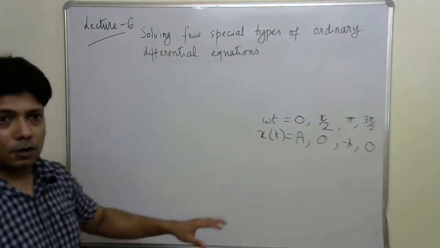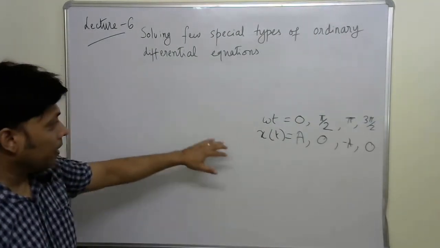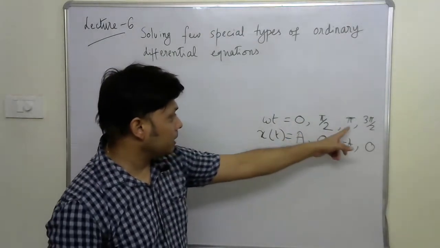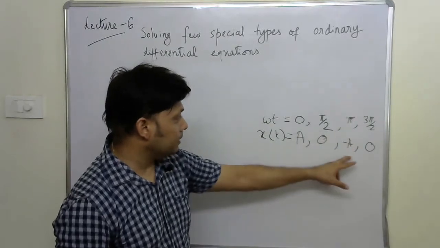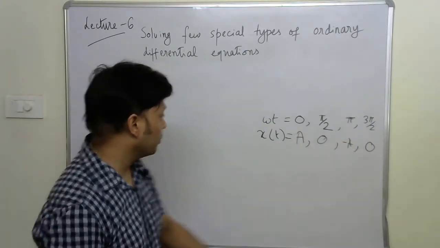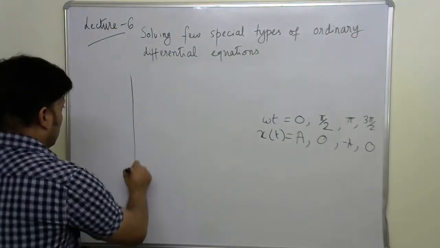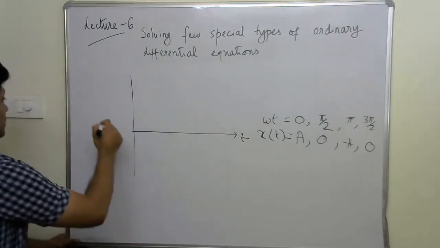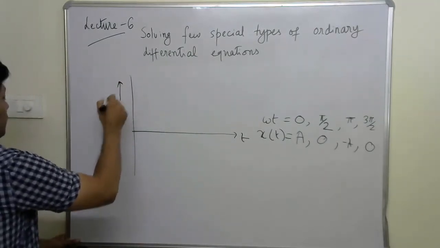So sorry, a little correction here, there was a mistake. When omega t is equal to pi, this is minus A, and when omega t is equal to 3 pi by 2, this is 0. So we can now draw the graph plot like this.